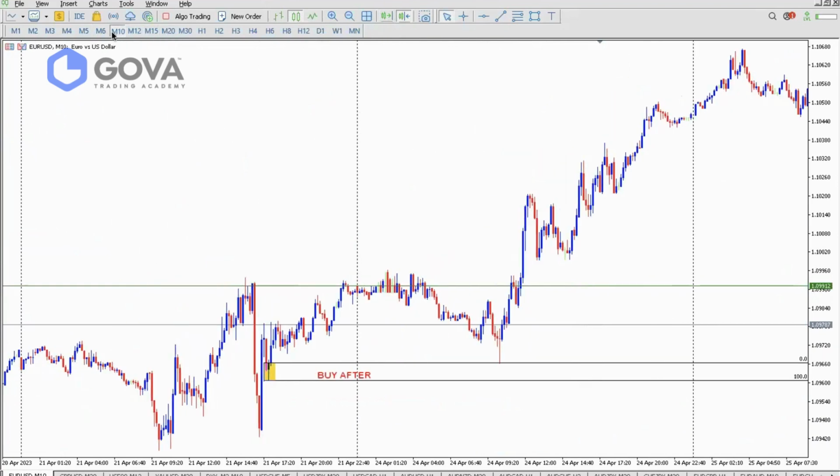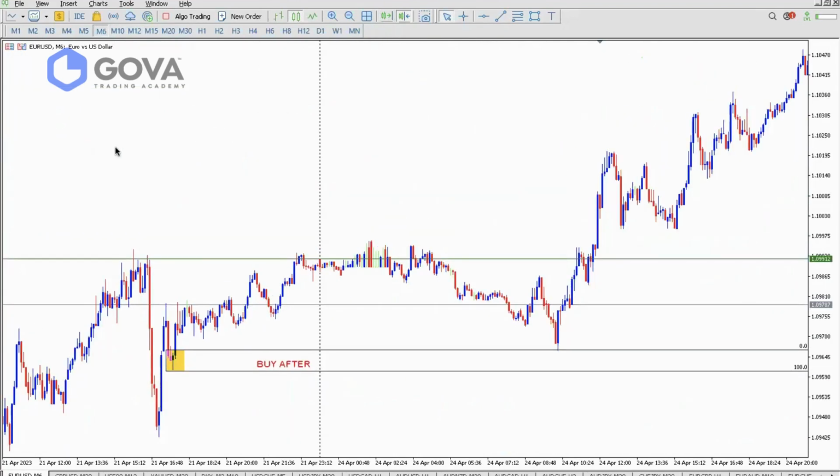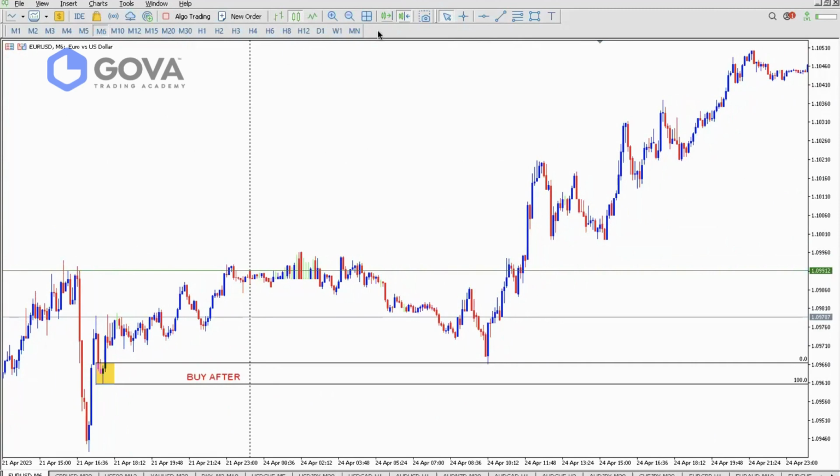Remember, on the candlestick chart, this is the area I marked out this week. This is the trade I took this week, which is on this zone, right? So why did I take this trade? Why did I take this zone?